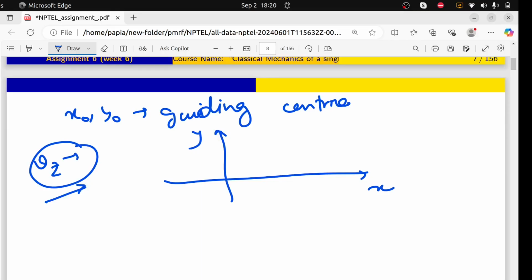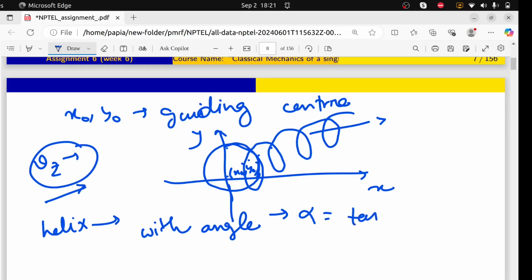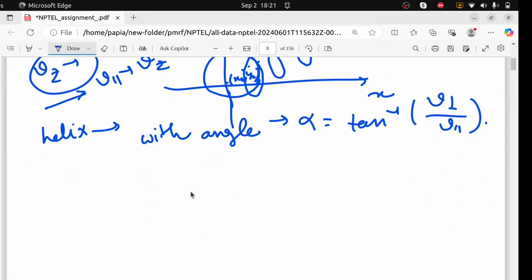So for x and y there will be a circle, and the center will be at x0, y0, but due to the z axis it will go along z. So it is nothing but a helix with angle alpha, let's say, which is tan inverse of V perpendicular by V parallel. So V parallel is along vz. Okay, now this is the condition.